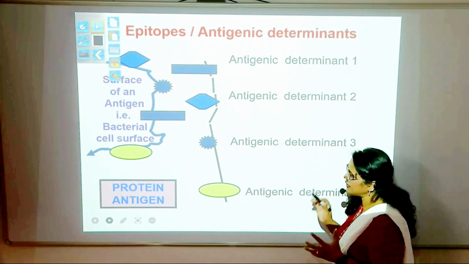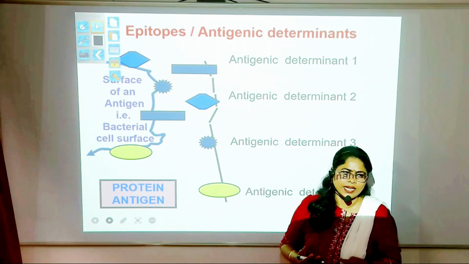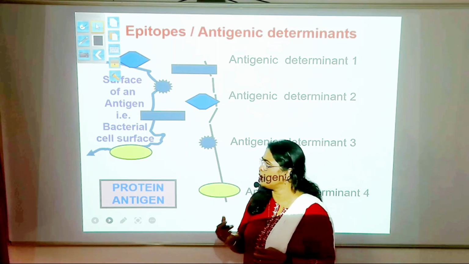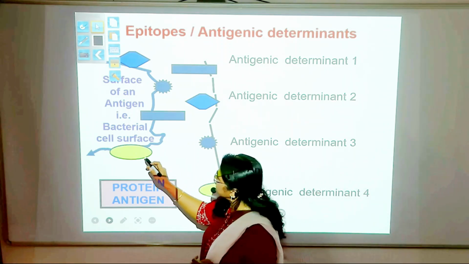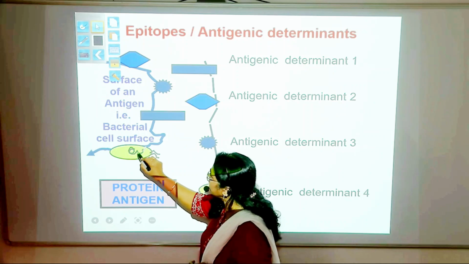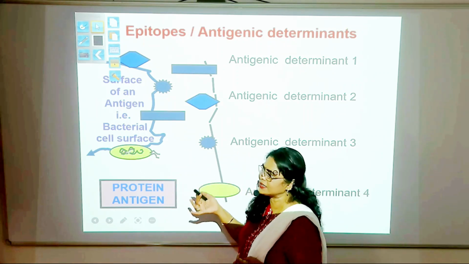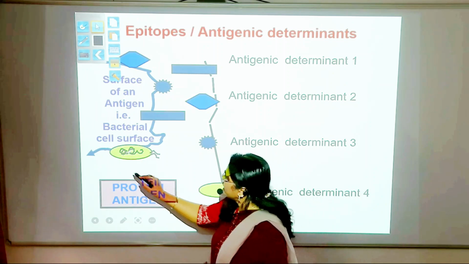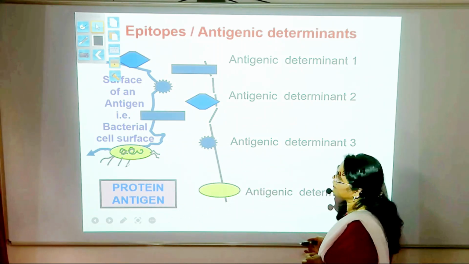So a single antigen, a single bacteria, will have more than one determinant, or more than one epitope. Here this is a bacteria. This bacteria will have surface antigen. It can have certain DNA, a nucleic acid which can behave as an antigen. It can have cilia and flagella, which can behave as a surface antigen.